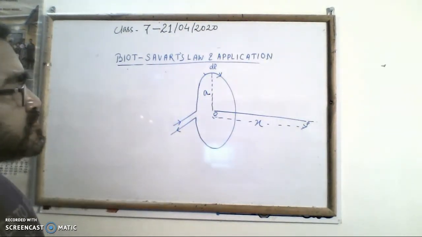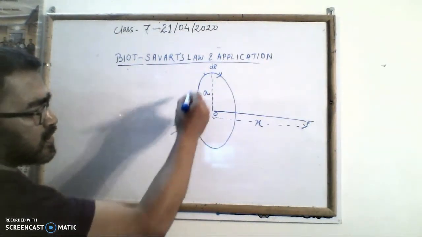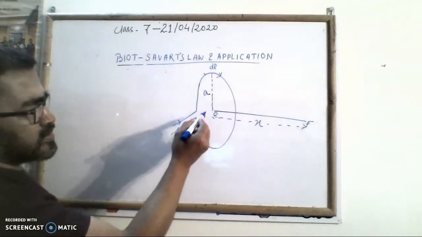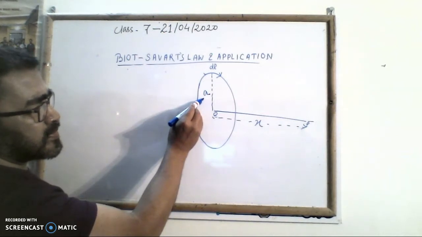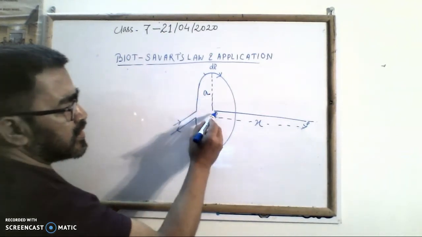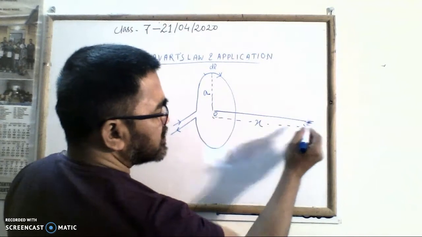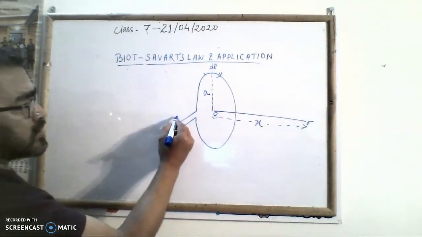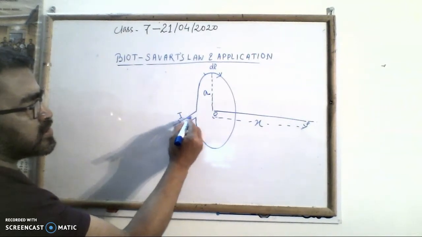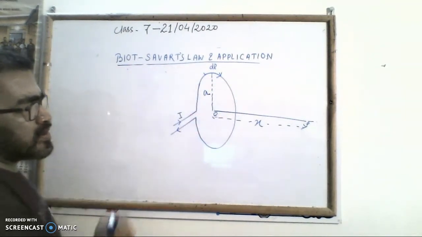You just see, this is a circular coil. This is the center O, and it has radius A, and this is the axis passing through the center of the coil, and current I is passing through the coil, right?